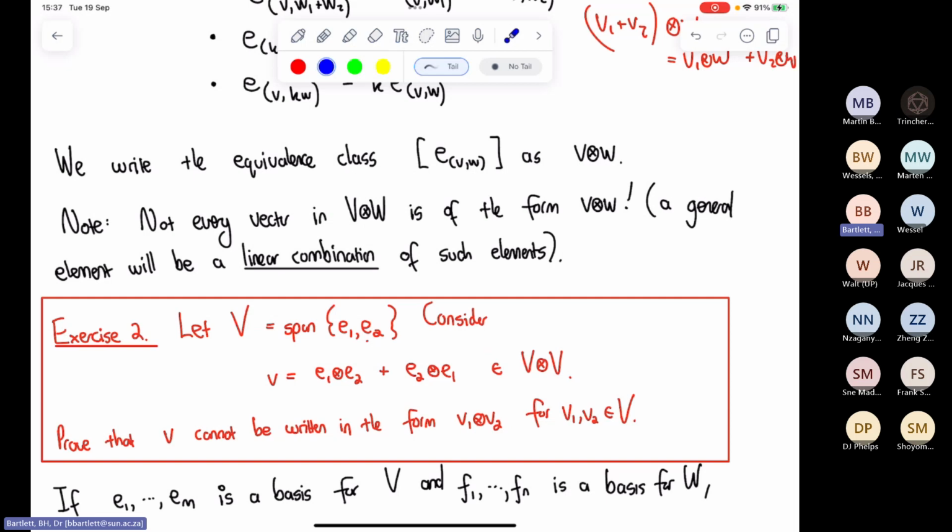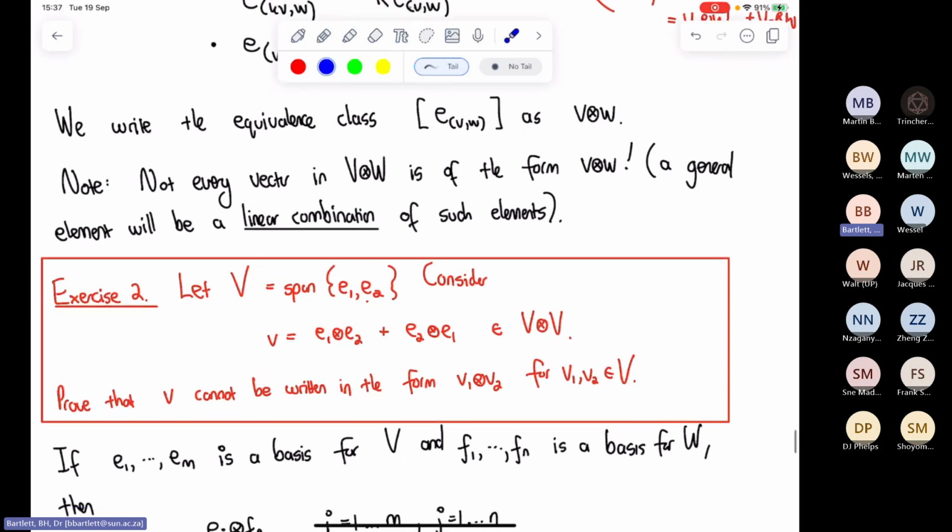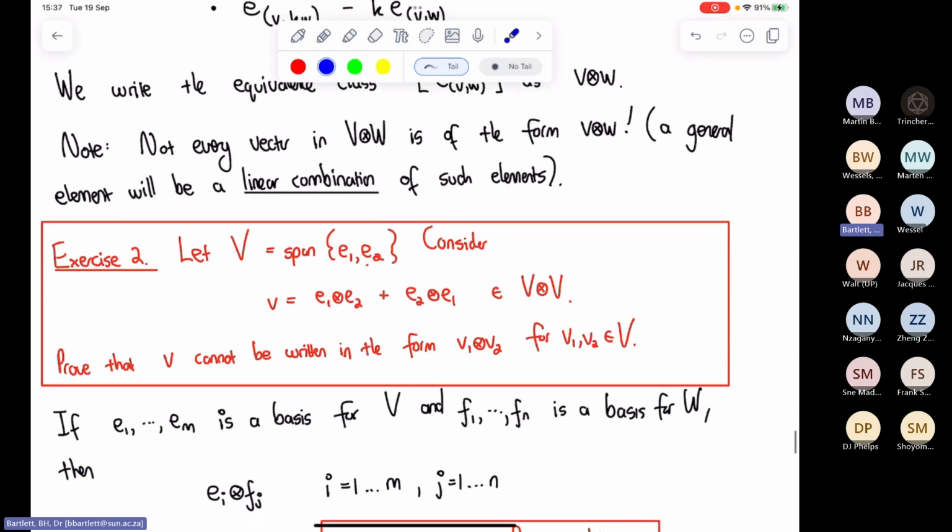All right. This is the source in quantum mechanics of entanglement, right? Because the wave function is of this form, and that means that you can't separate it as a product of two systems. Anyway, tensor products are really important in quantum mechanics.